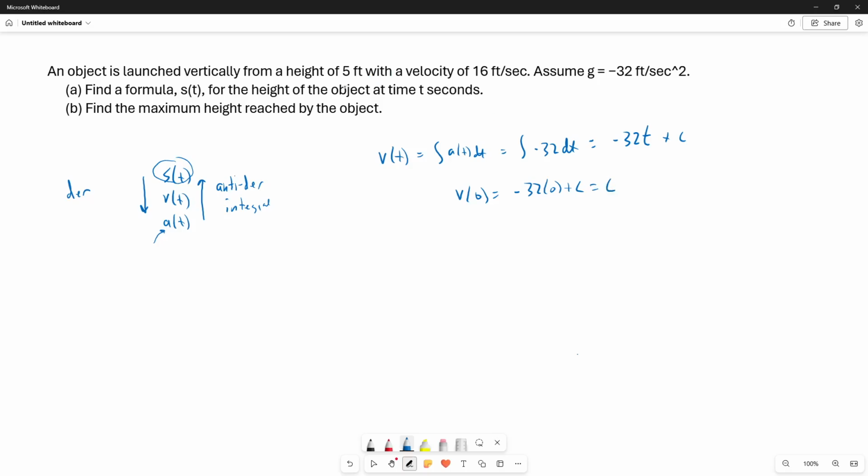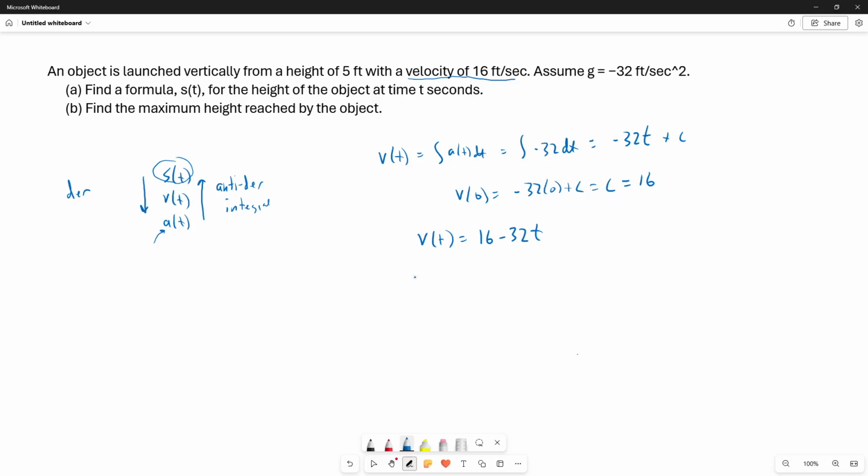We were told that the object was launched with a velocity of 16 feet per second. So that's our initial velocity, and that means that c is 16. So our velocity function is negative 32t plus 16, or 16 minus 32t.